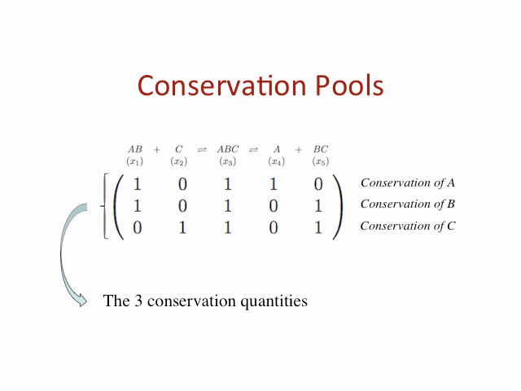Here is the definition of conservation quantities. These would be 3 pools that I can define by this matrix over here. As I did for the bilinear reaction, I can trace out the moieties going through here.